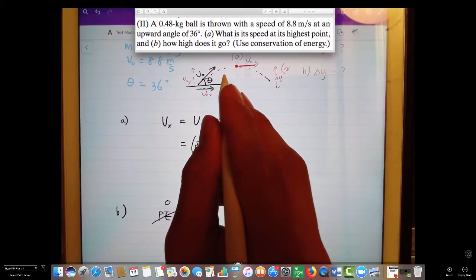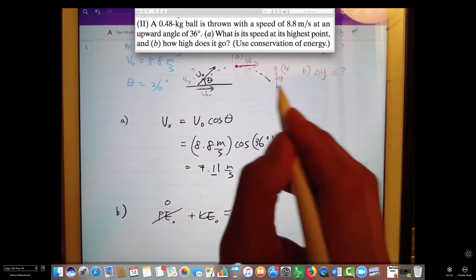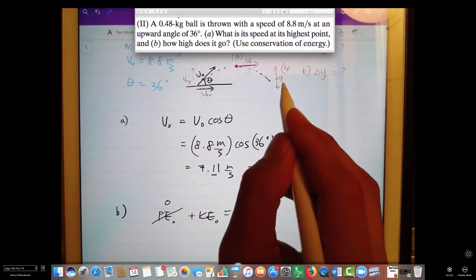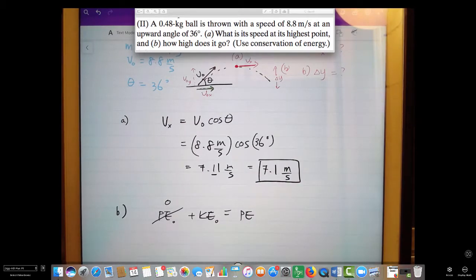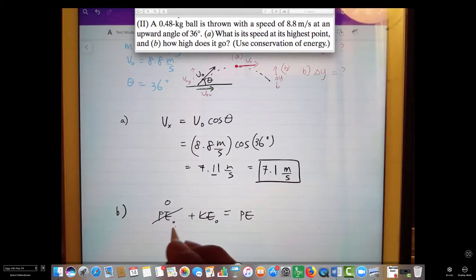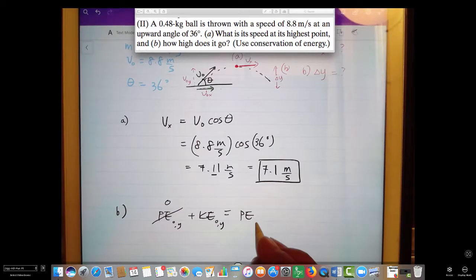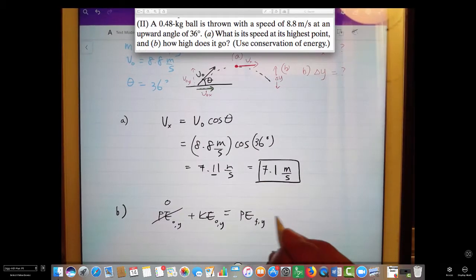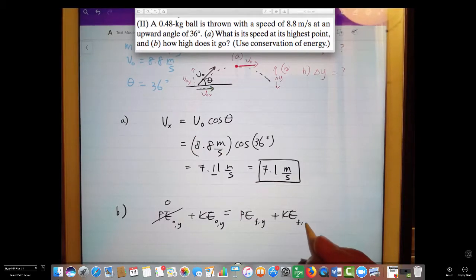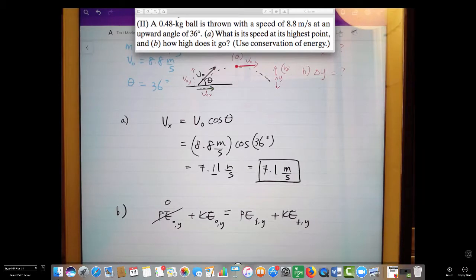Now we are concerned with the change in the y direction, how high vertically it can go up. So while part A was concerned with the horizontal direction, here we're going to be concerned with the vertical direction. But at the top of its trajectory, vertically, it's not moving.